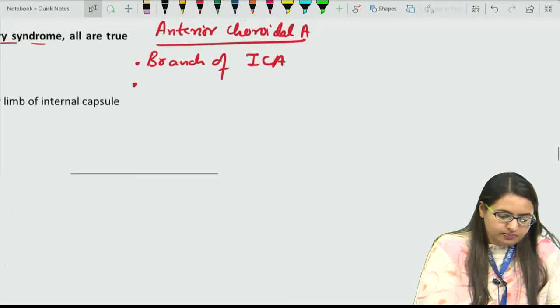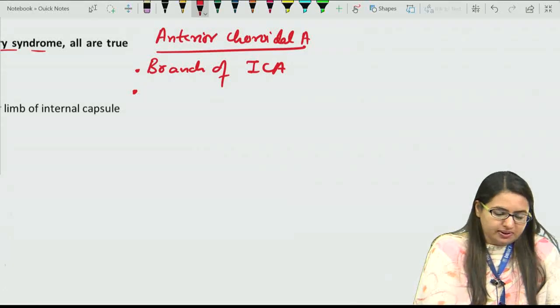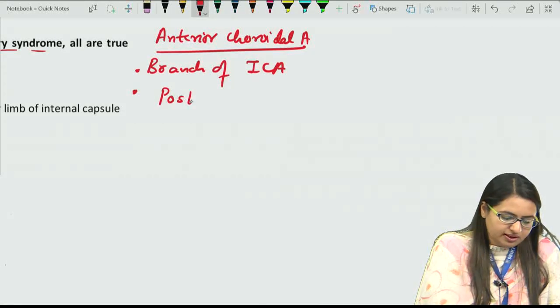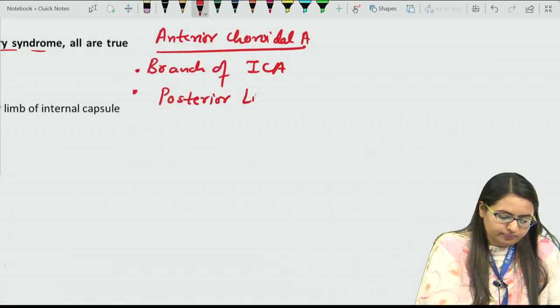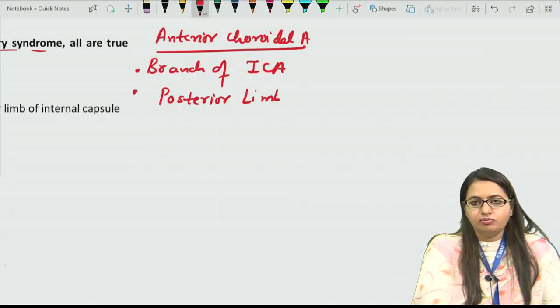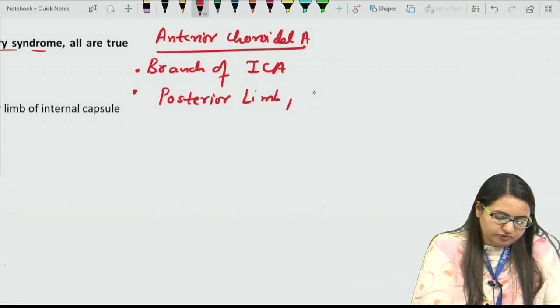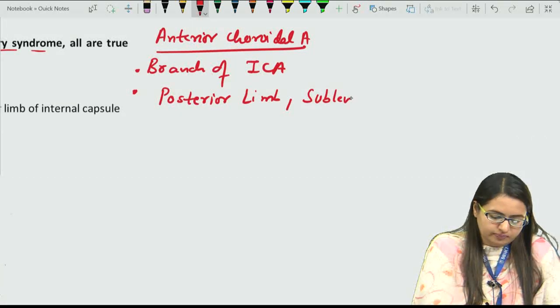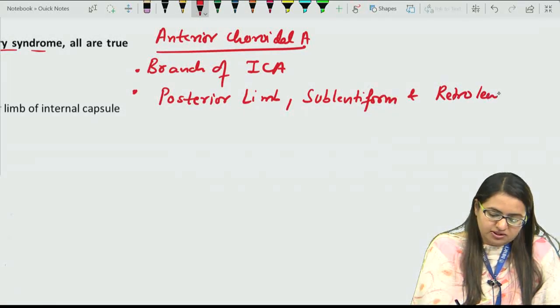Majorly, it supplies the posterior limb, as well as the retrolentiform and the sublentiform part of the internal capsule.